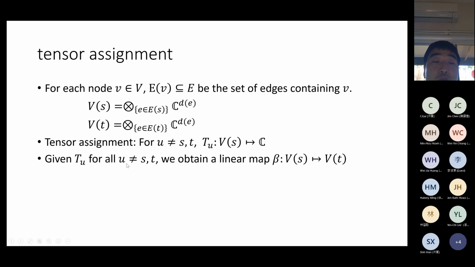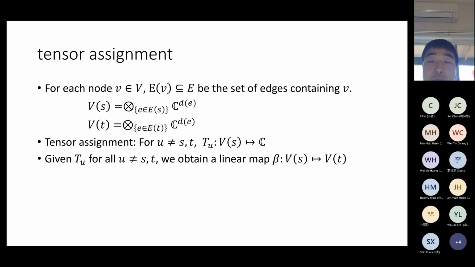So given TU for all U which is not S and T, we can obtain a linear map from Vs to Vt, because in some sense we assign tensors to every vertex that is not S and not T, and then contract them all. So the only remaining system is Vs tensor Vt.